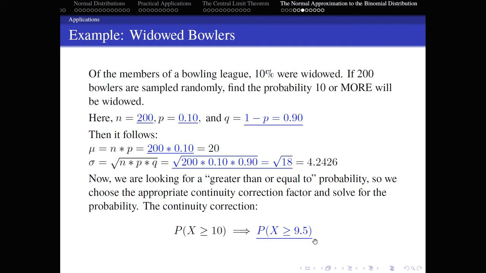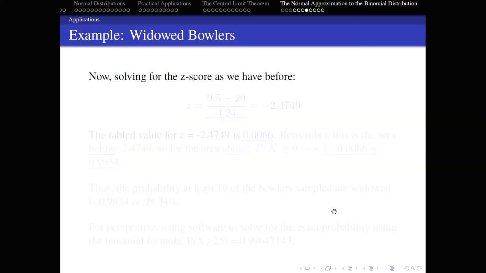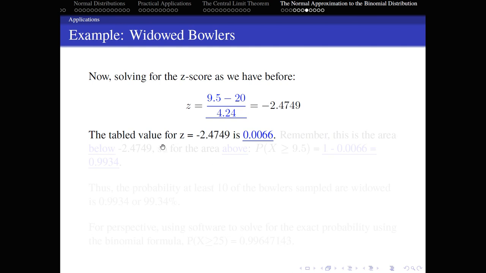So we're going to be using this 9.5 number when we calculate our z-score. So we're going to change this 9.5 number into a z-score by subtracting the mean and dividing by the standard deviation. Now, when we calculate this, the tabled value is 0.0066, so about 0.66%, less than 1%, is on the left here.